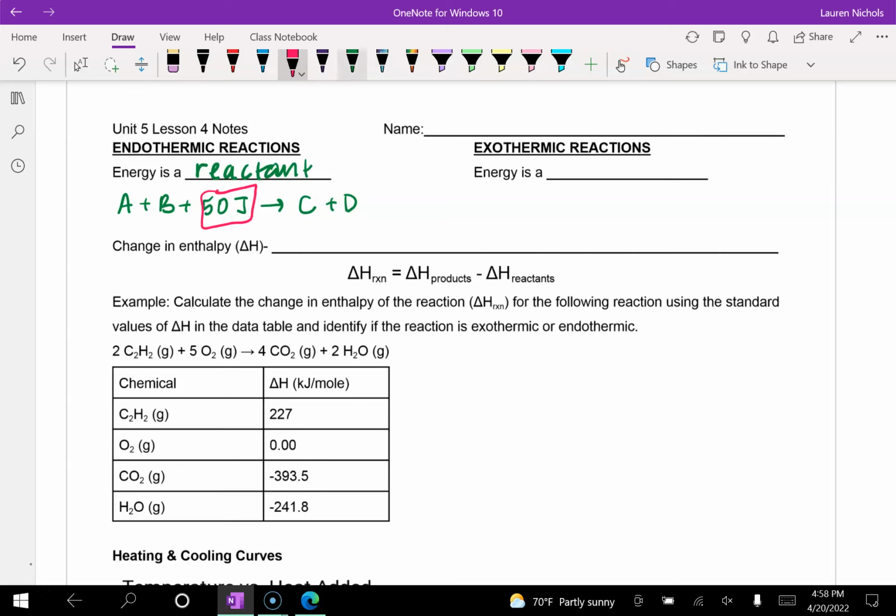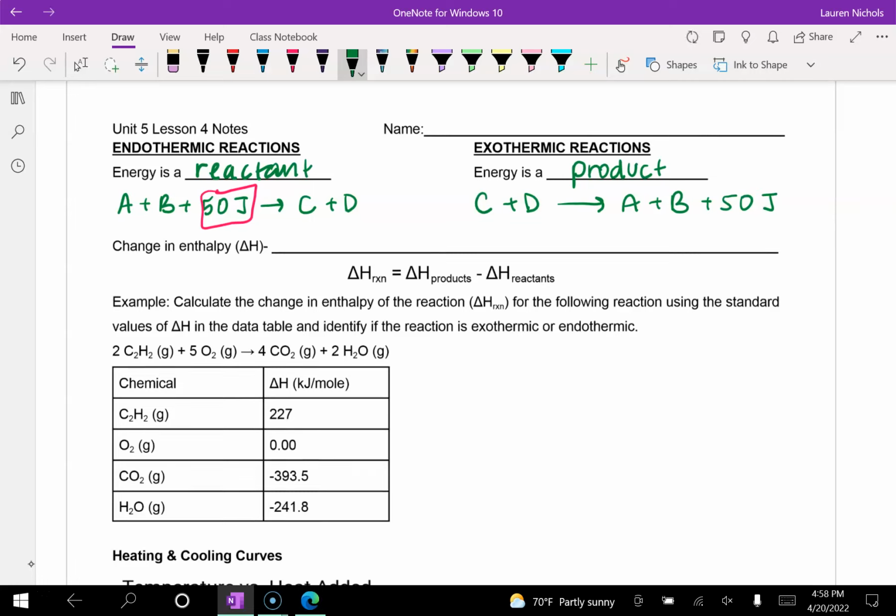Whereas in an exothermic reaction, it's the opposite. Energy is a product. So if we flip this and C and D are the reactants, then you have A plus B plus 50 joules of energy.